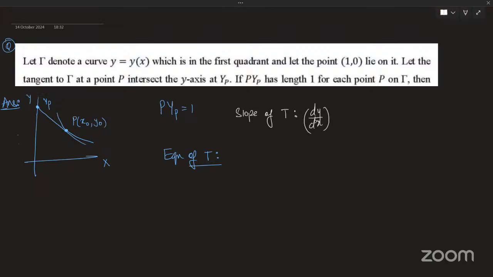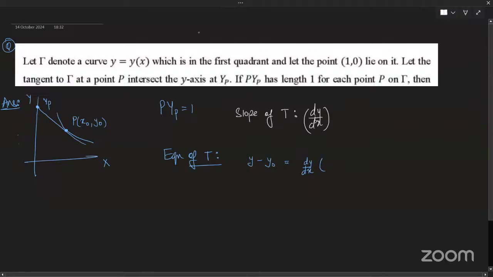y minus y naught is equal to slope, m, into x minus x naught, that is, dy by dx into x minus x naught. Great.